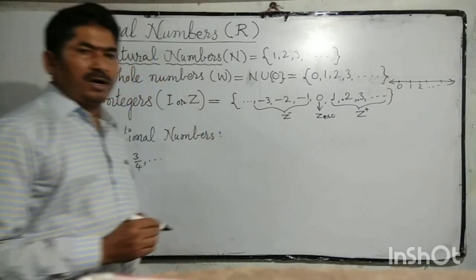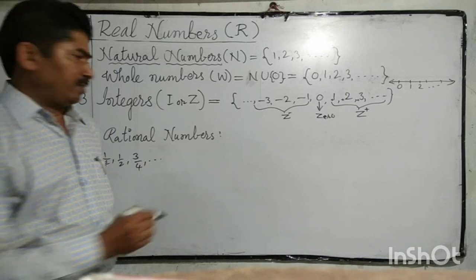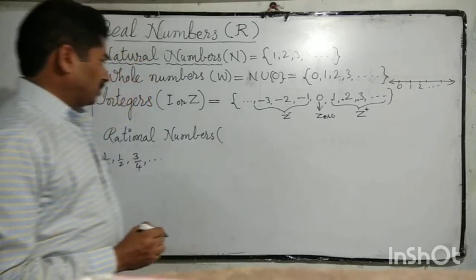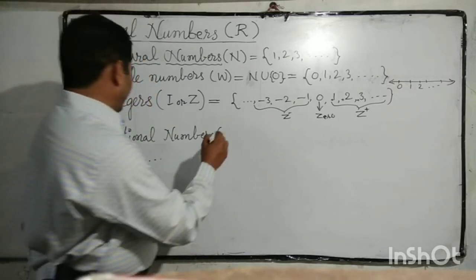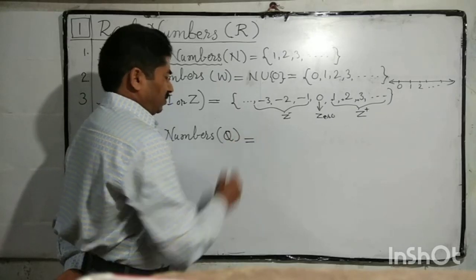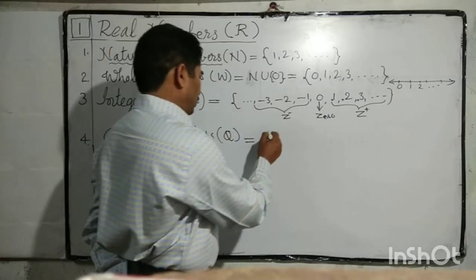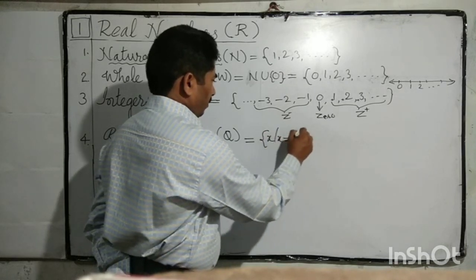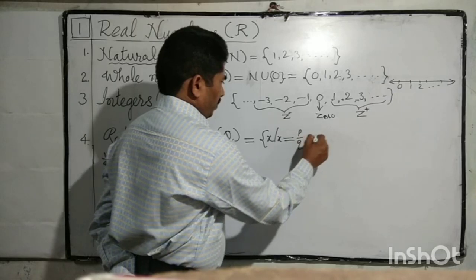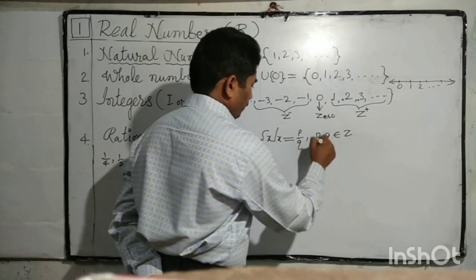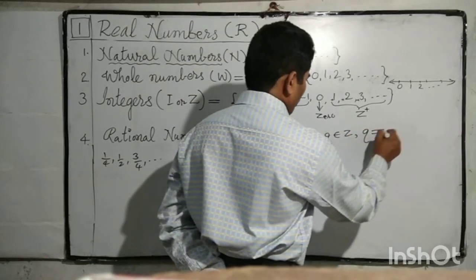Rational numbers are also called quotient numbers. That's why we show these numbers with the letter Q. Q is equal to rational numbers. Q is equal to the set of x such that x is equal to p by q, where p, q belong to Z, q not equal to 0.